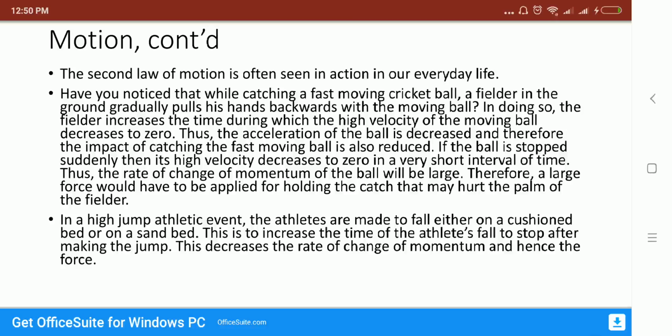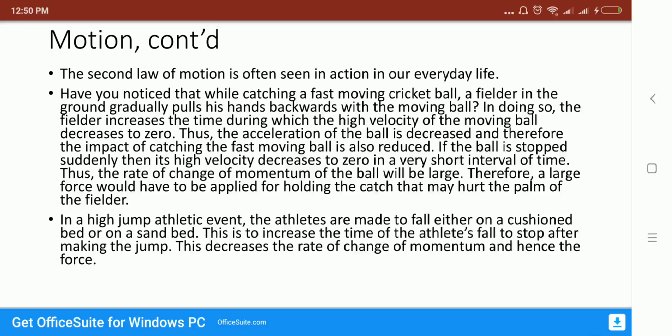While catching this ball, his hands move backward. Why is it so? If he keeps his hand at the same position, then what will happen? While the ball is arriving, its time duration is less, so the applied force is very high. If time duration is less, the applied force is higher, which can hurt the fielder.